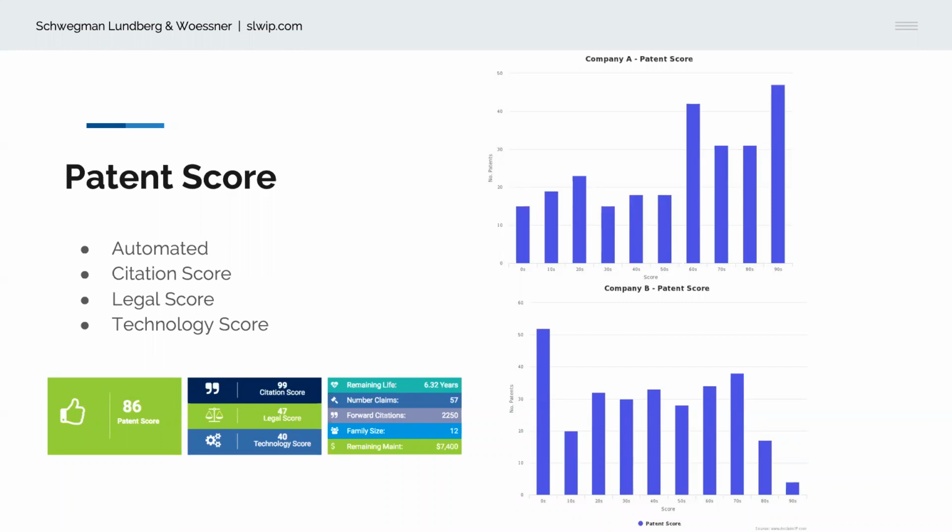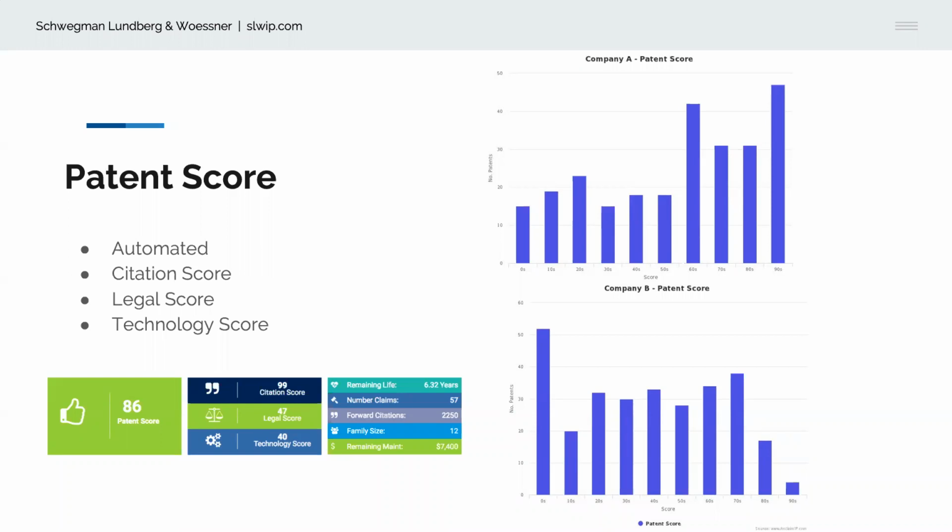I think the correct way to view this is as a triage tool: if you've got a large portfolio and you want to start analyzing it and doing the deep manual review, a good place to start may be with the patents that got the highest score. If you look at company A, they've got something like 40 in the 90s. So that would be a good place to start looking to identify your top patents.